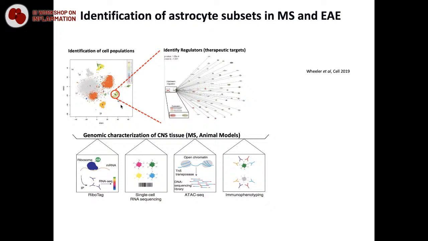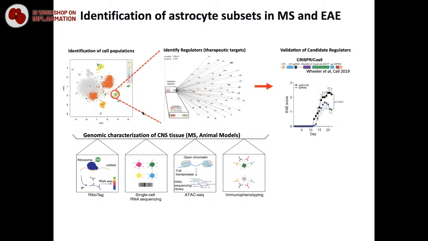But the other important reason why it is central for us to identify which molecular pathway controls each one of these astrocyte subsets is that if we know each one of these pathways, we can perform in vivo cell-specific perturbation studies. In particular, we use CRISPR for that. And that allows us to investigate and interrogate the function of these astrocytes.